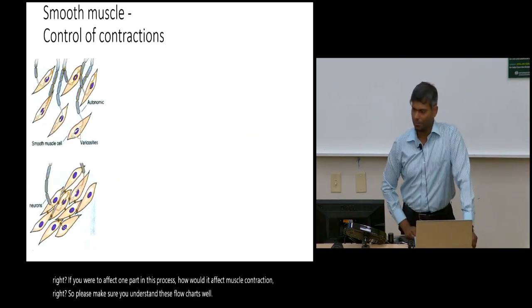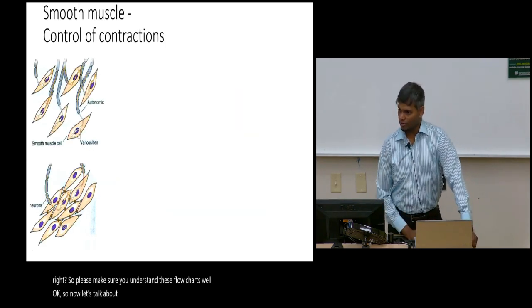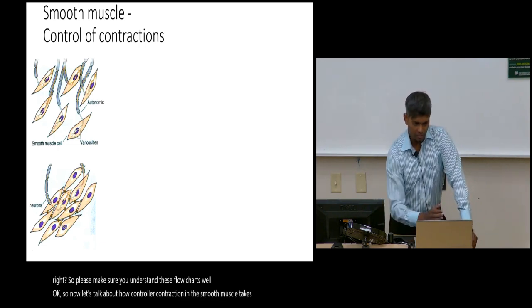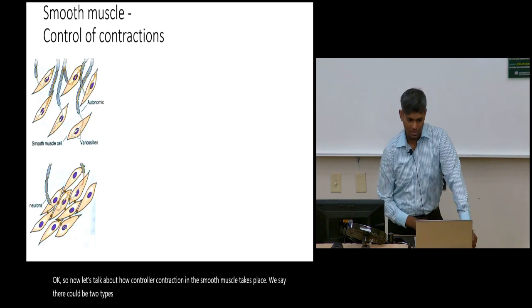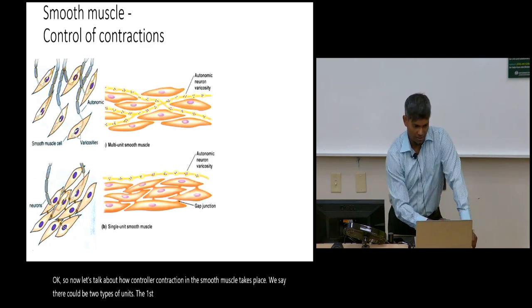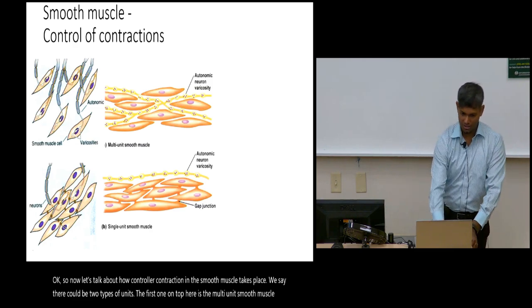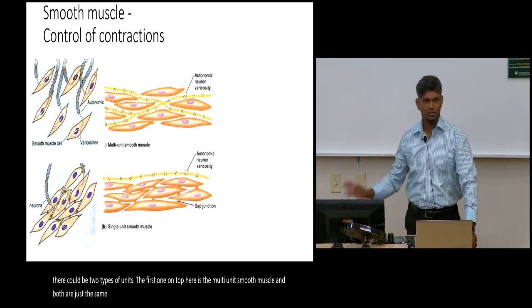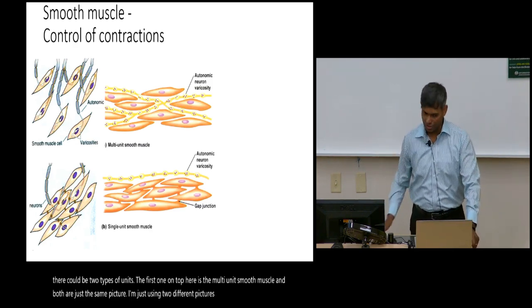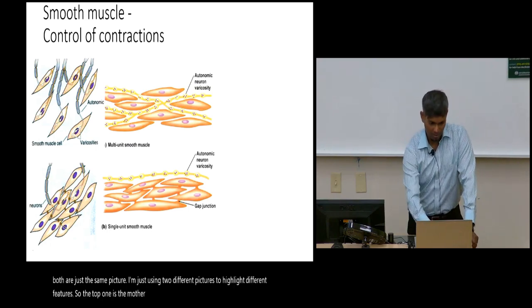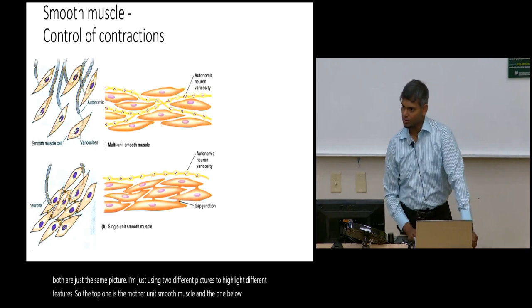Okay, so now let's talk about how control of contraction in the smooth muscle takes place. We see that there could be two types of units. The first one on top here is the multi-unit smooth muscle, and both are just the same picture. I'm just using two different pictures to highlight different features, right? So the top one is the multi-unit smooth muscle, and the one below is the single unit smooth muscle.